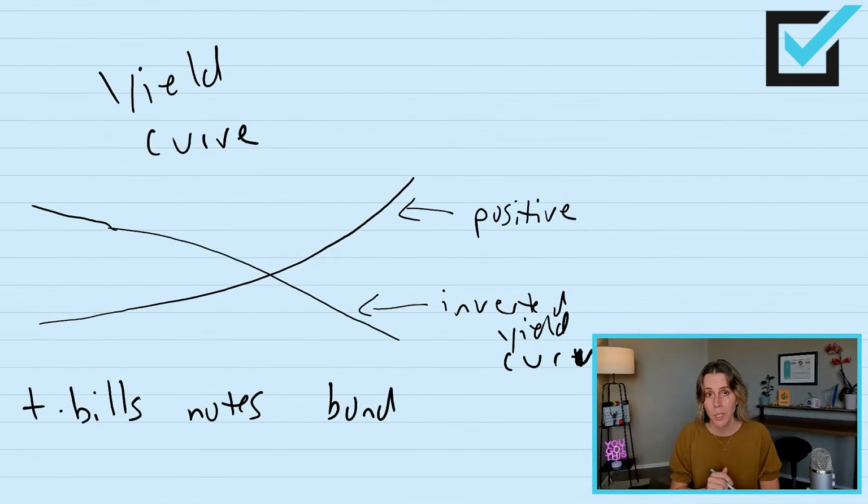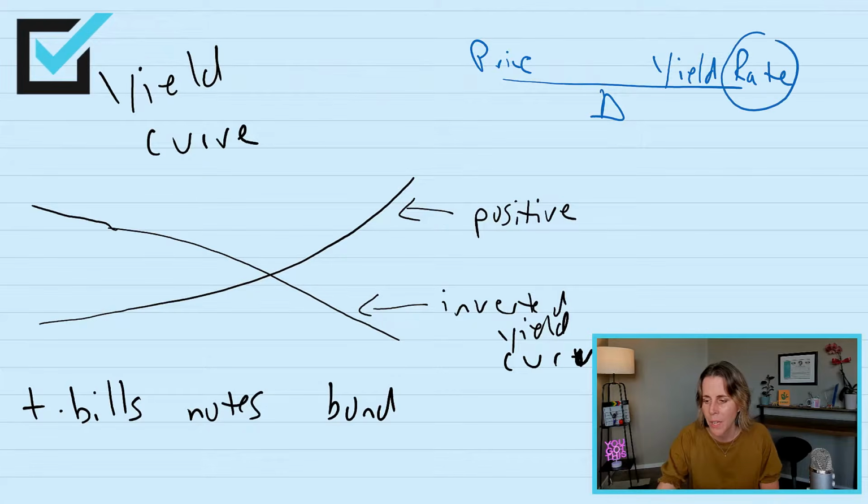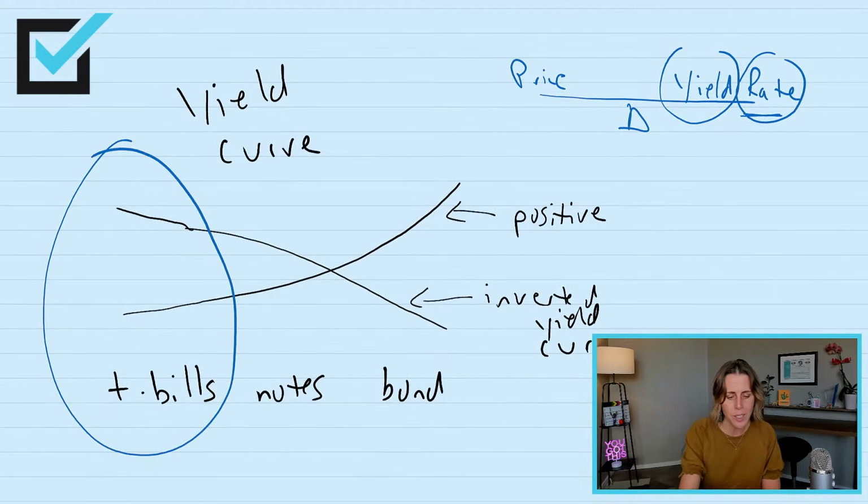Let's refresh our memory about the bond teeter-totter. We have price on one side and yield and rate on the other. The driver of the teeter-totter is interest rates. What would cause the Treasury bill yields to go up would be if short-term interest rates go up.